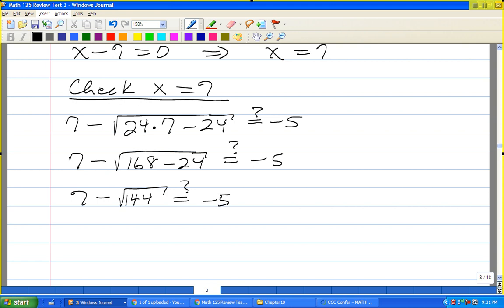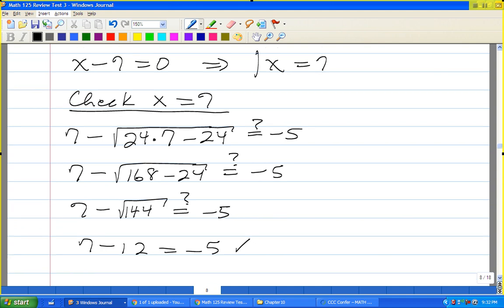The square root of 144 is 12. Is 7 minus 12 equal to negative 5? Yes. Therefore, x equaling 7 is a solution.